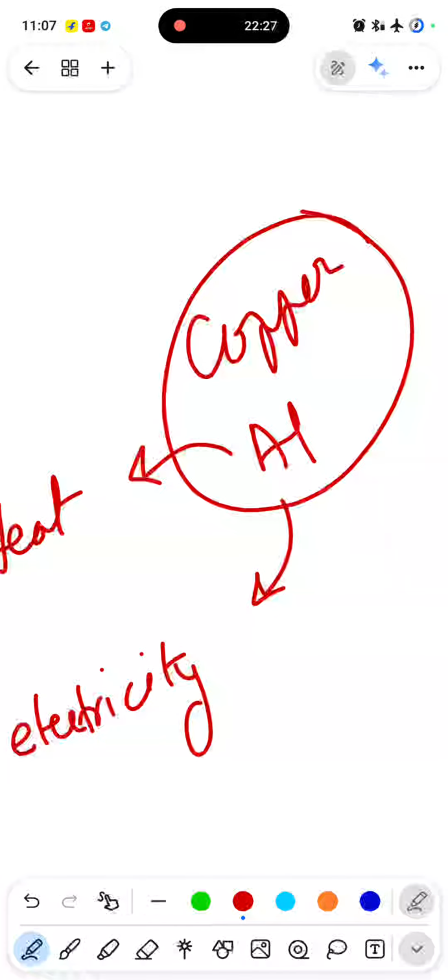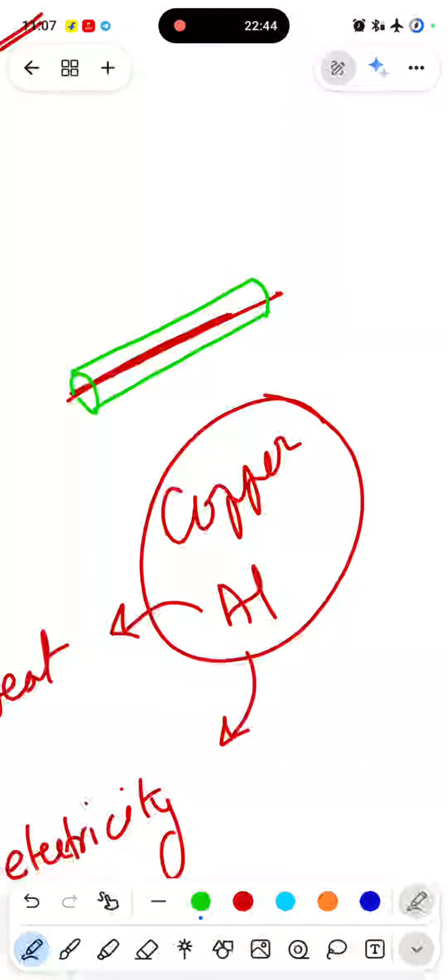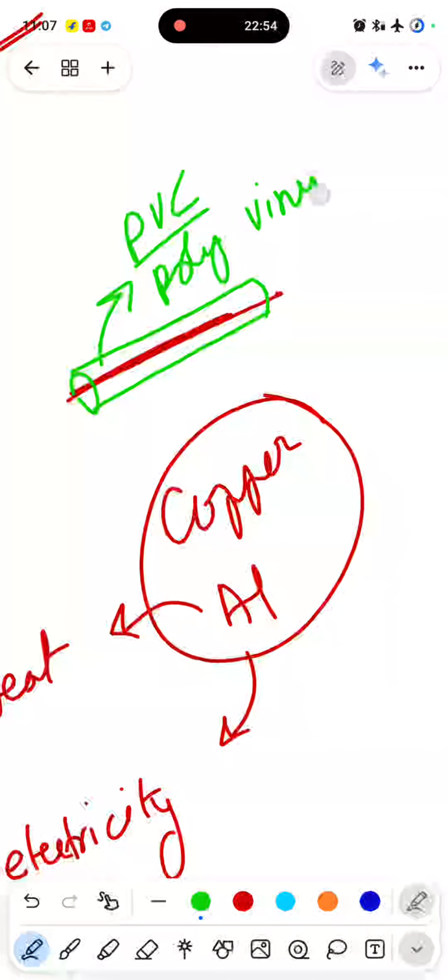And one thing, copper wire is used in our homes for carrying current, and there is a layer of insulation over it to protect us from direct contact, and this insulation is made up of PVC, that is polyvinyl chloride.